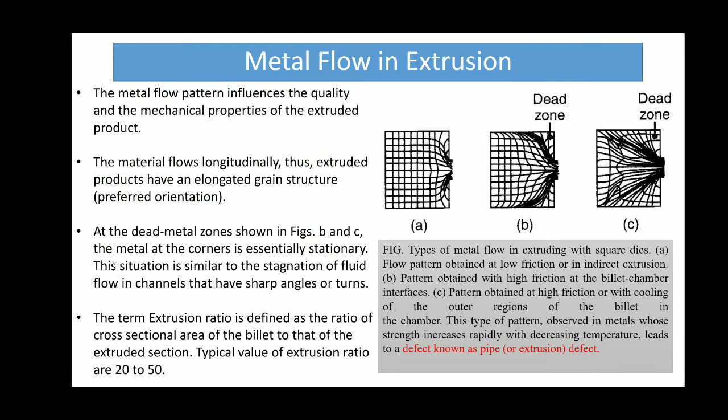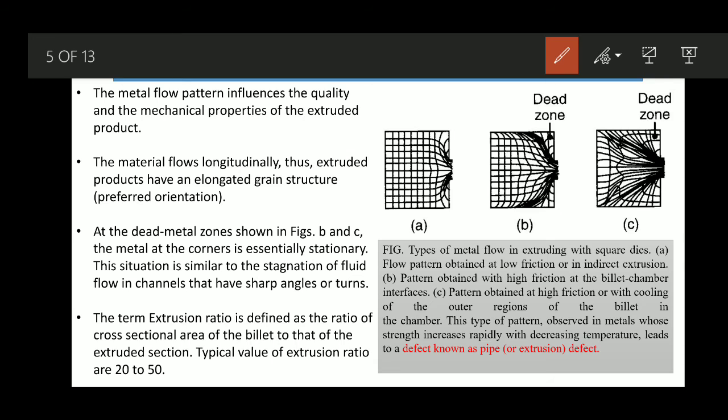Now next we are going to discuss the metal flow, how the metal flows in the extrusion process. We have already discussed that we have the die opening, and from this side we are applying force with the help of the ram or plunger. This is the heated billet, and we have the die opening here.